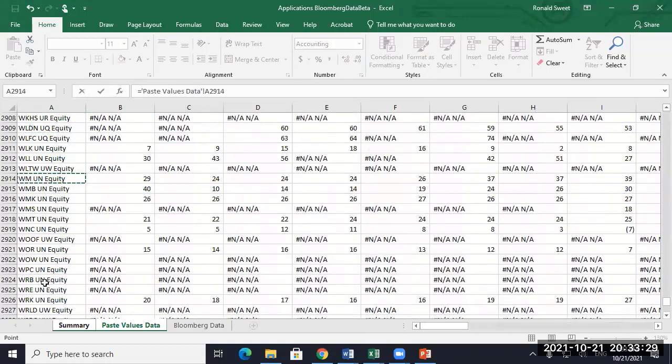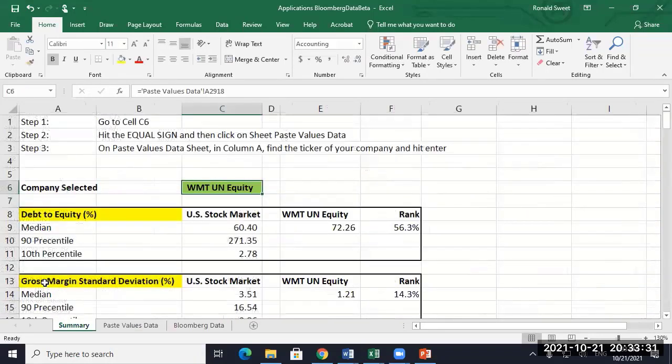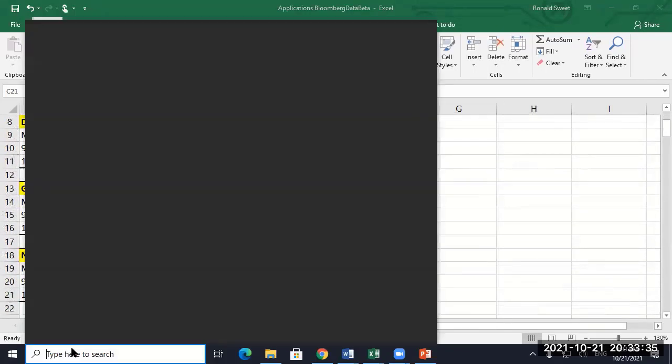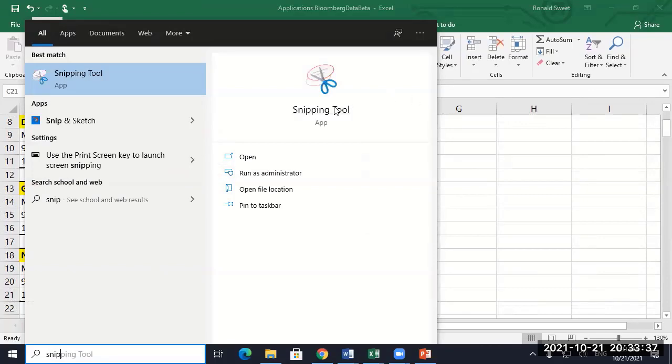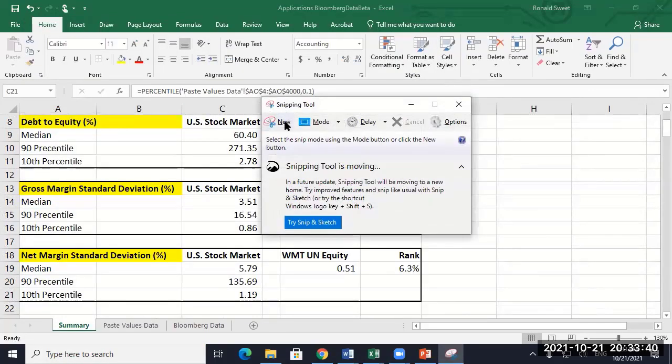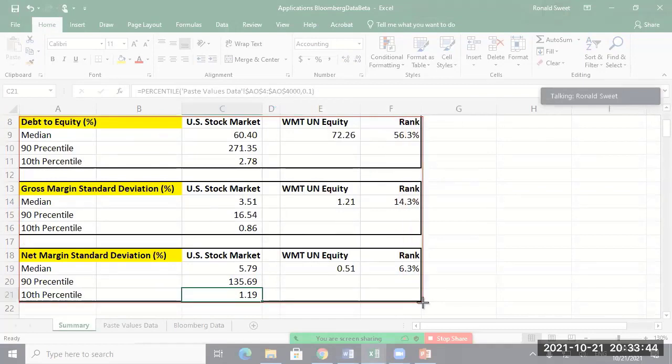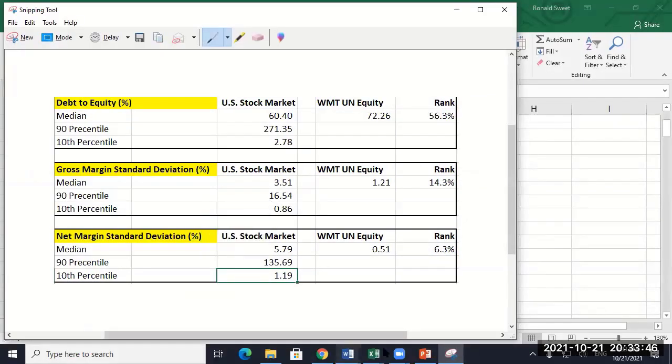There's a lot of companies. Right there, there's my stock. And then you can just bring this into your paper. I would clean it up some. I'm not going to, I'm just going to bring it in.